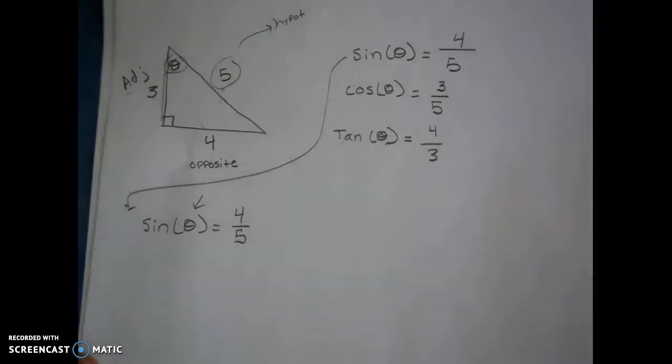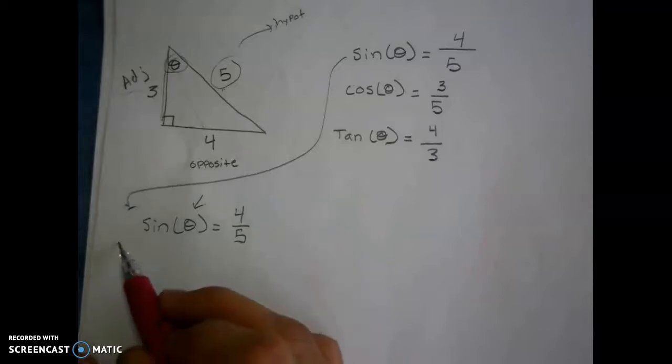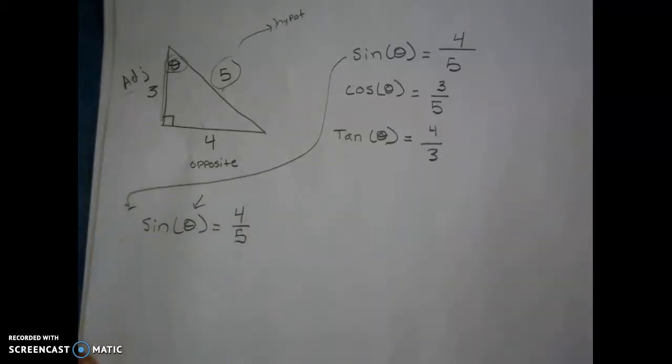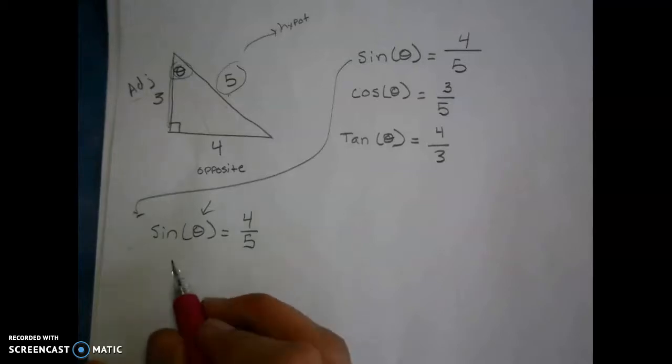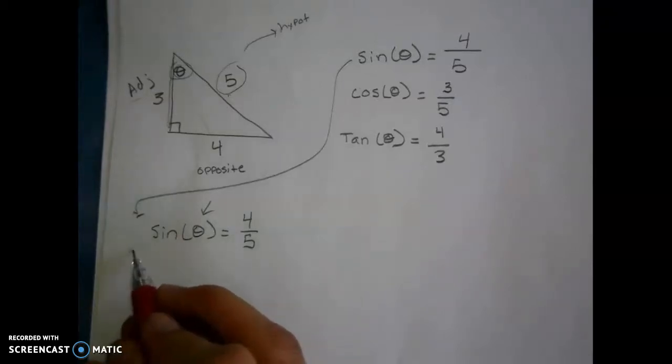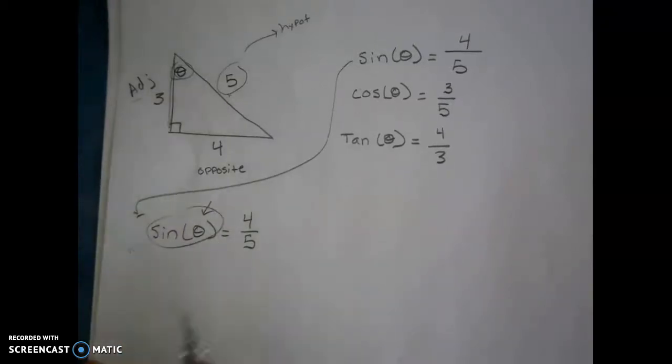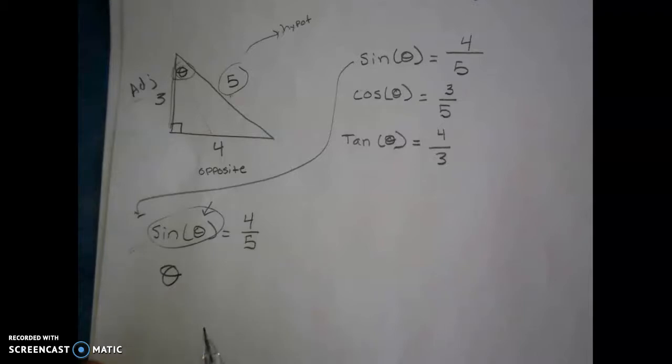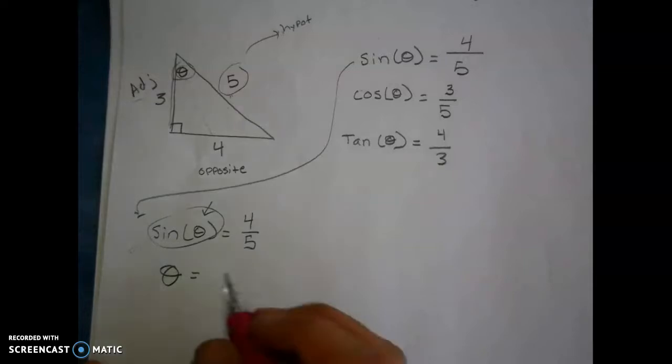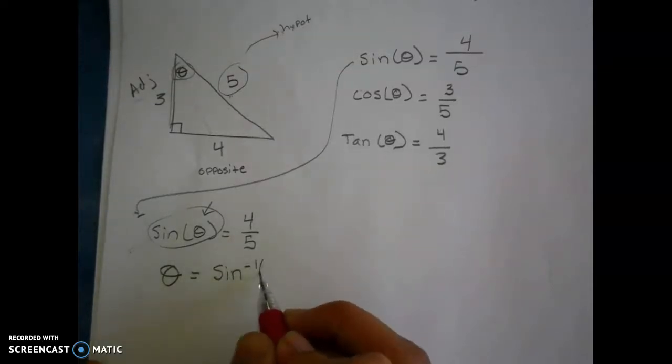We had to use the inverse. So we're going to do the same thing here. To get rid of sine, we take the inverse of sine. By taking the inverse, we get theta by itself, and whatever we do to the left side, we have to do to the right side: sine inverse of 4/5.